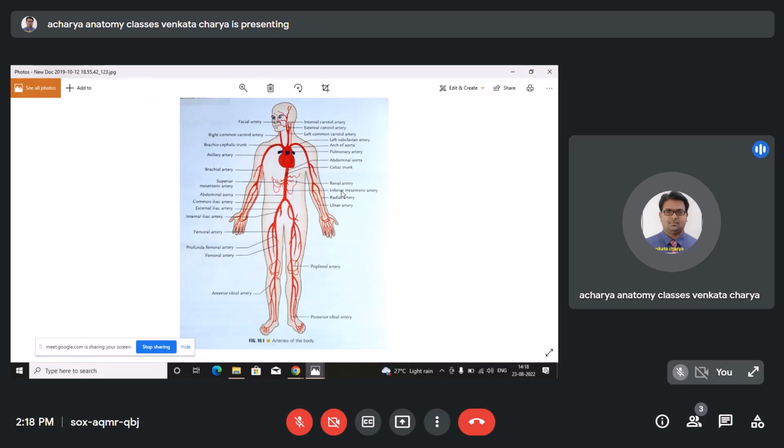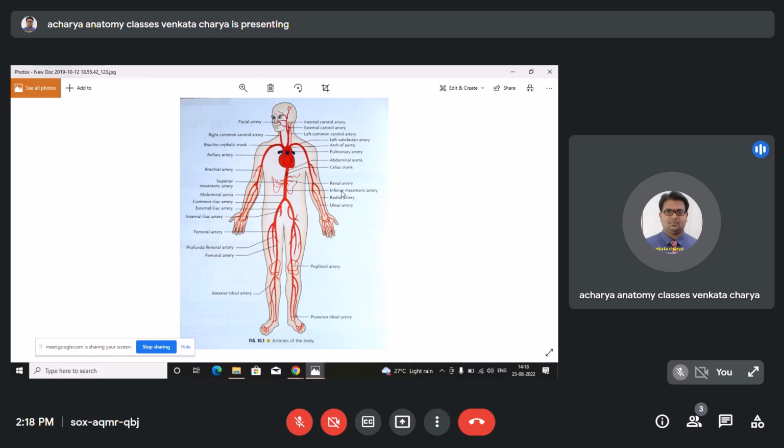Okay, so for this oxygenated blood here in fetal life, there is a presence of two ways. One way is through the tricuspid valve, another way is through the foramen ovale. Foramen ovale is an oval shaped hole, which is present in the interatrial septum of the heart.